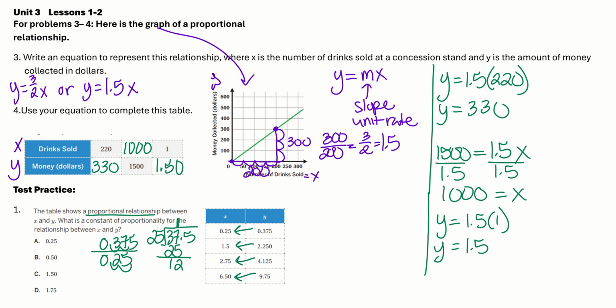I subtract, bring down my 5, bring up my decimal. How many quarters in $1.25? So $1 is 4, and then 25 cents is 5. And that's why the answer from your homework was $1.50. So if you didn't get this right on your homework, now we know how to do it. We just pick one to divide, and we divide it out to find that constant because it told us it was a proportional relationship.